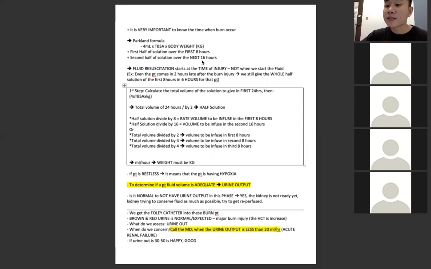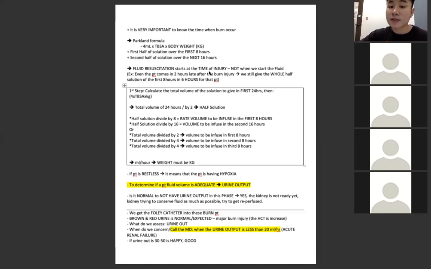It doesn't matter. We still give the whole 2,000 milliliters in the 6 hours that the patient has arrived. And then in the second half, in the next 16 hours, we give the second half of the solution that we need to give to the patient.